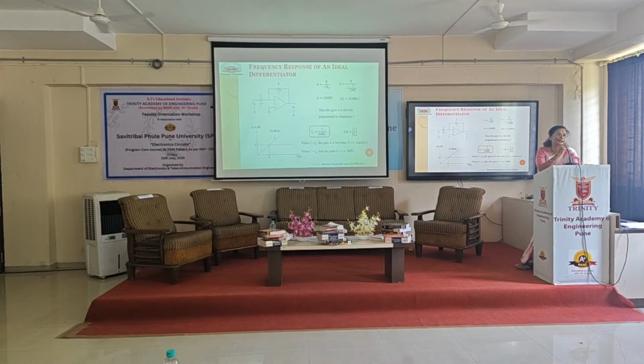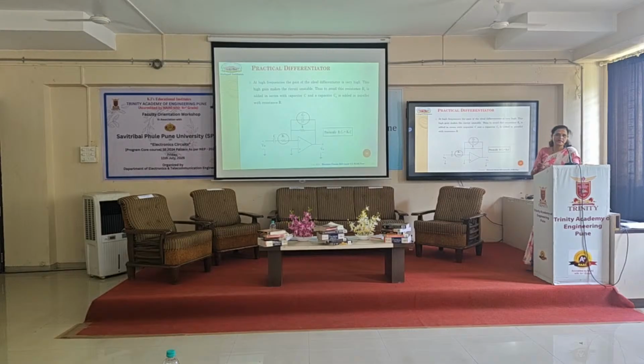This circuit becomes sensitive to the noise, and this limitation is overcome by adding an additional component, capacitor C parallel to the R. Means as compared to the ideal differentiator, we are adding two additional components here: R in series and capacitor C in parallel.